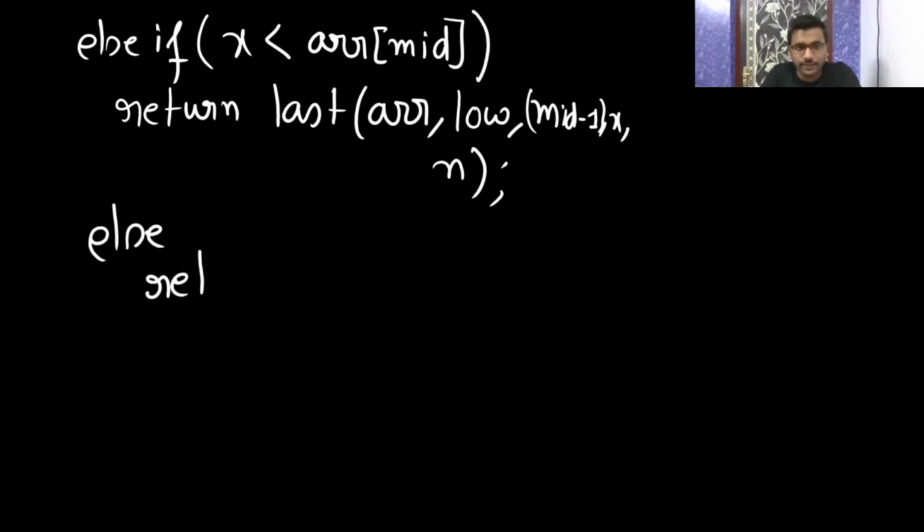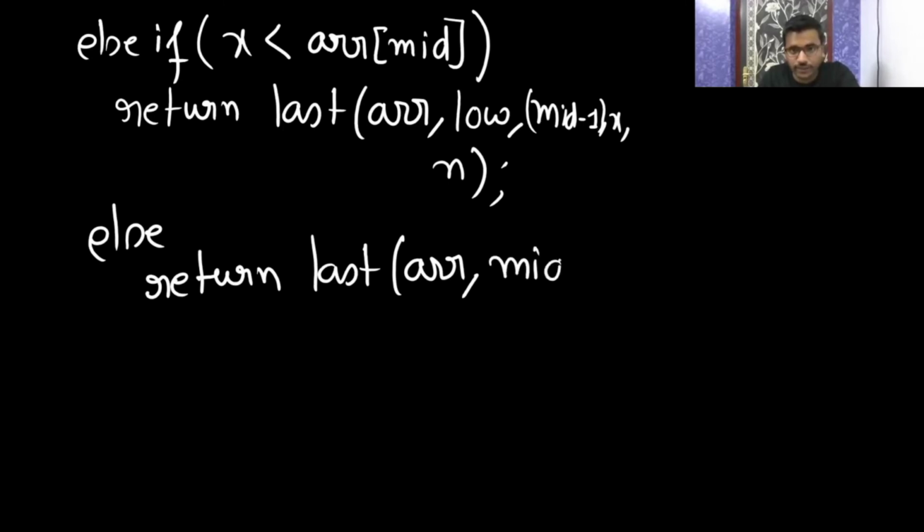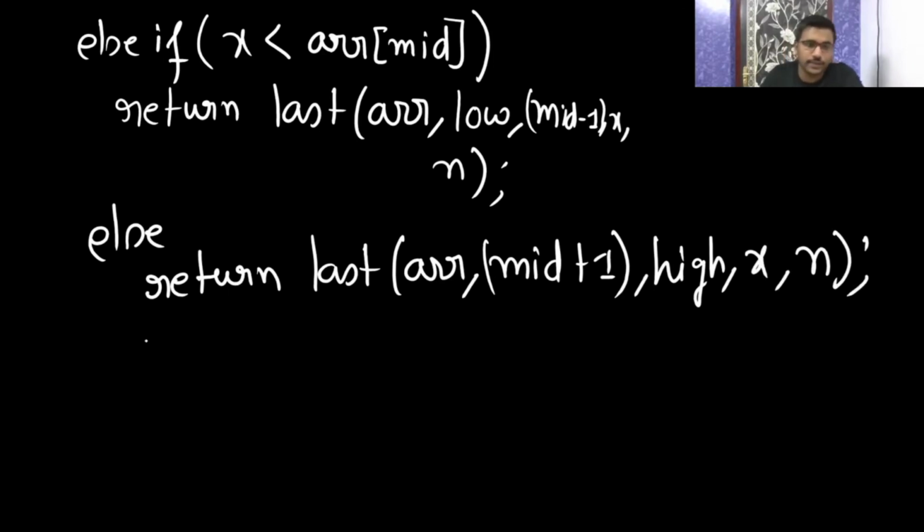Else return last array. Low is going to be changed here, low is going to be mid plus 1, which means x is greater than your mid. High will be as it is, element x, size n. Then return if the condition is false.